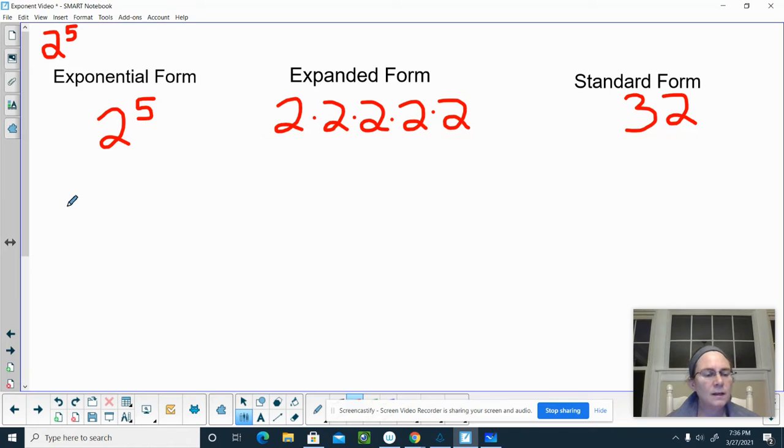Now let's look at a negative exponent, like 3 to the -3rd. A negative exponent does not have anything to do with being a negative number.